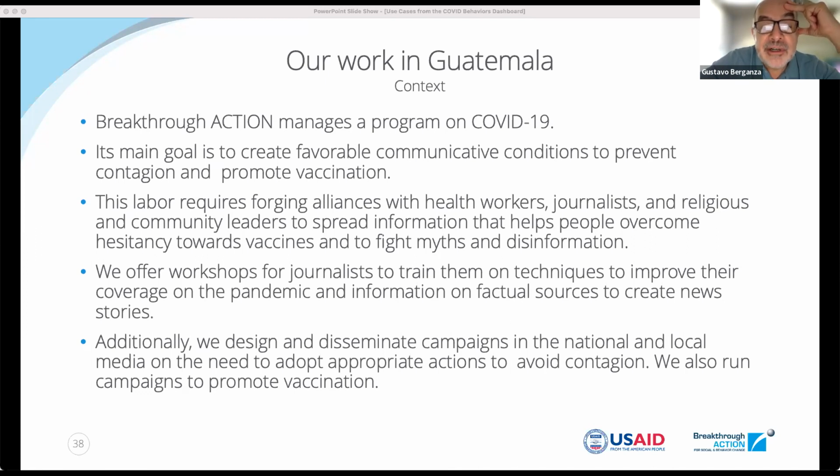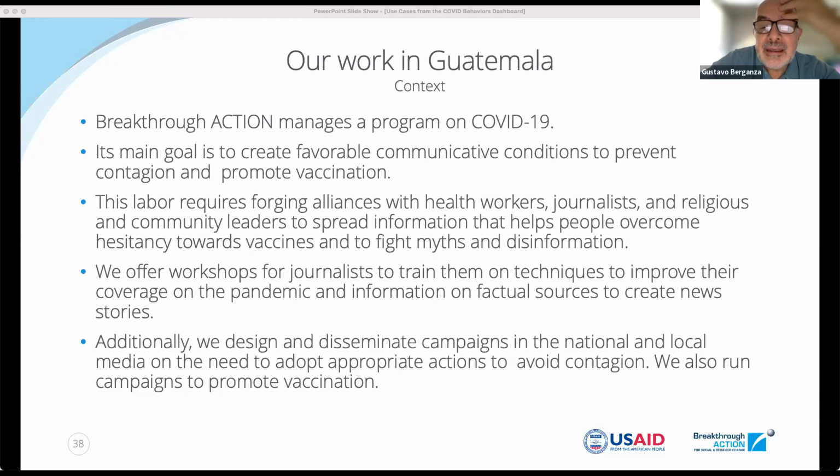We also offer workshops for journalists to train them on techniques to improve their coverage of the pandemic and on information from factual sources to create news stories. Our work has been mainly with workers in the provinces, people who probably haven't had formal training in universities about journalism.